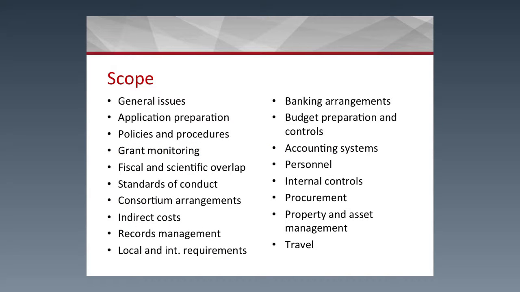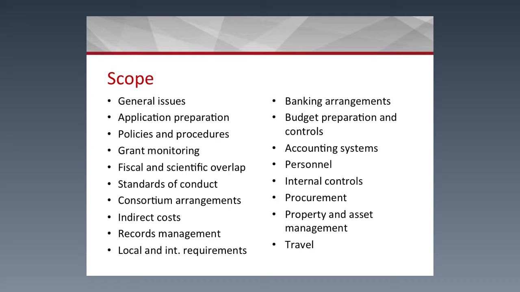Now, the scope of issues that relate to grant management and consortium management for NIH and federal regulation is so wide. It ranges from general issues to very specific issues.